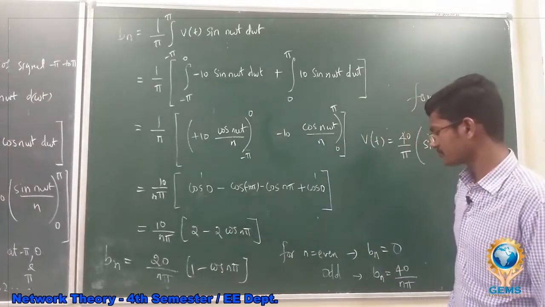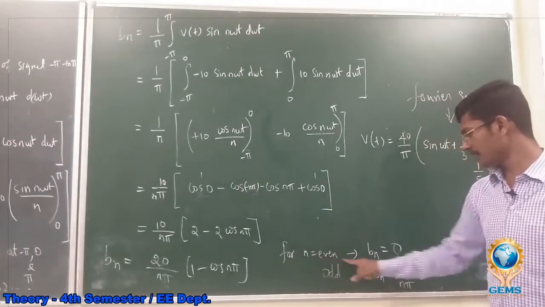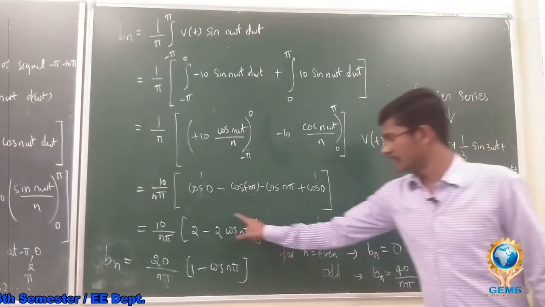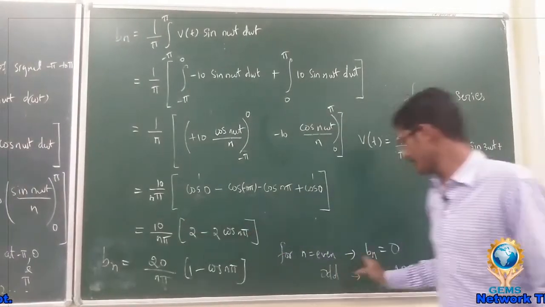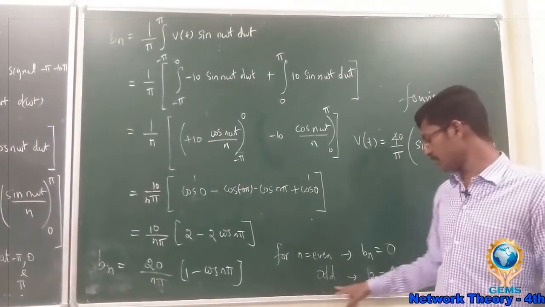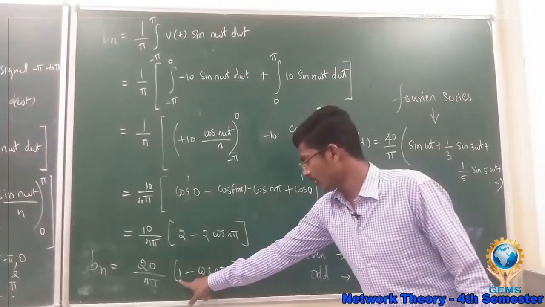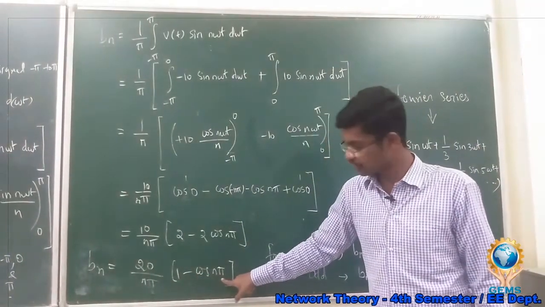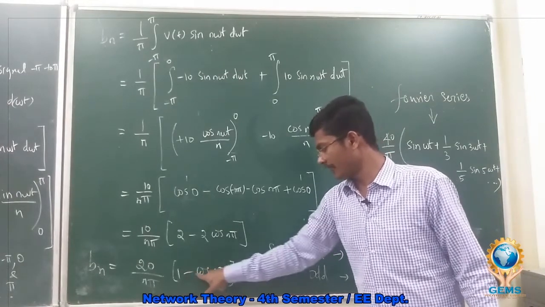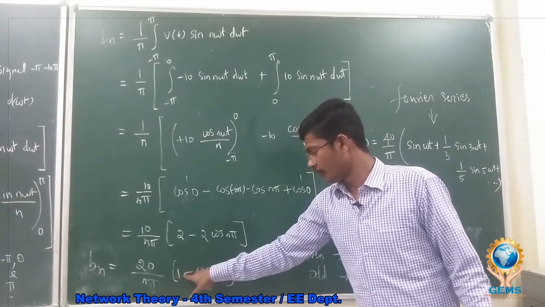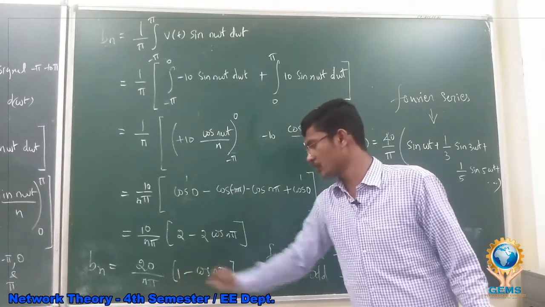For an even number it will become 1, so 2 minus 2 is 0, so the total bn value will become 0. For an odd number, the cos n pi value will be minus 1, so 1 minus of minus 1, so 1 plus 1 equals 2.